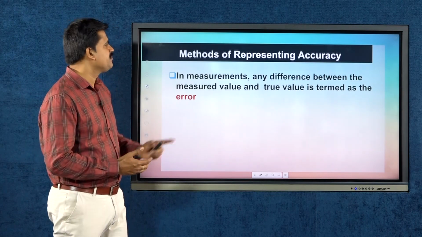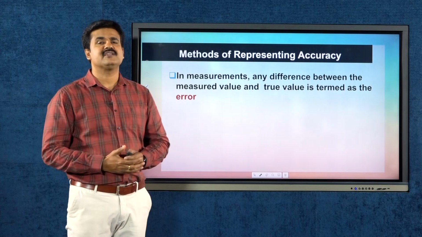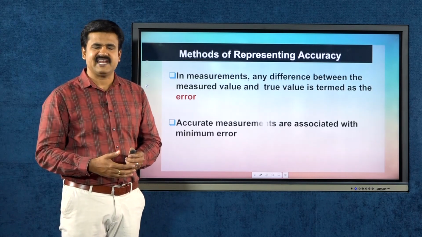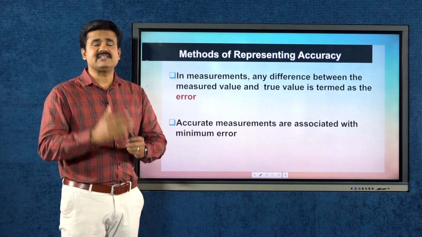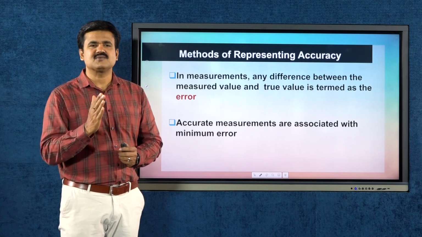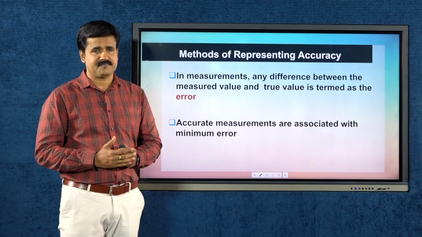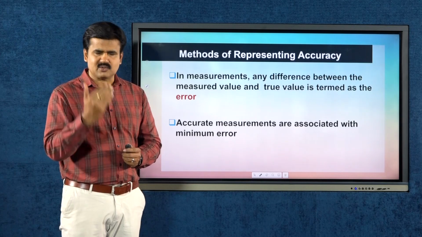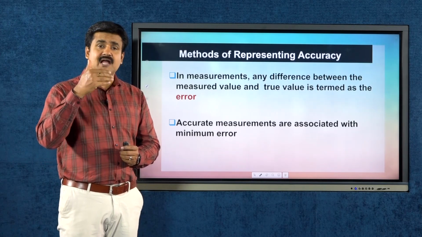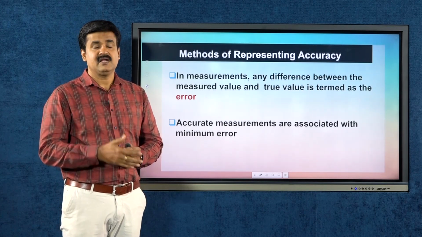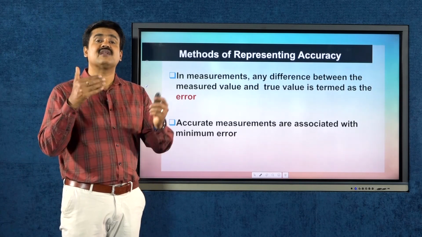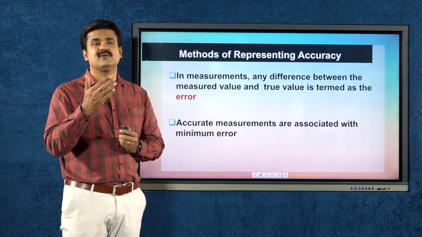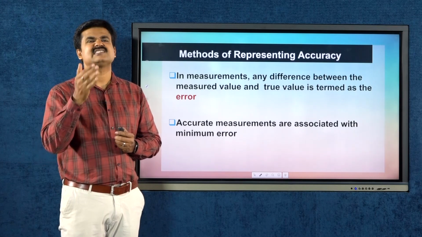In measurements, any difference between measured value and the true value is termed as an error. Accurate measurements are associated with the minimum error. For an accurate measurement, the true value and observed value are very close, so the difference between them is minimum.